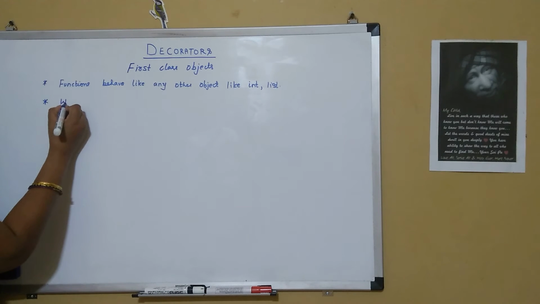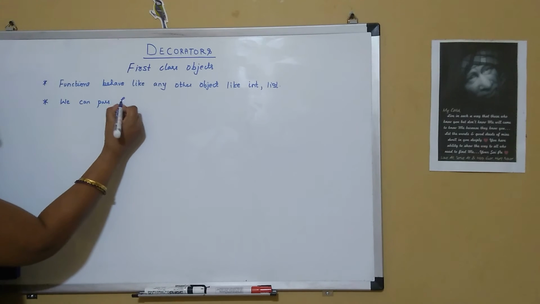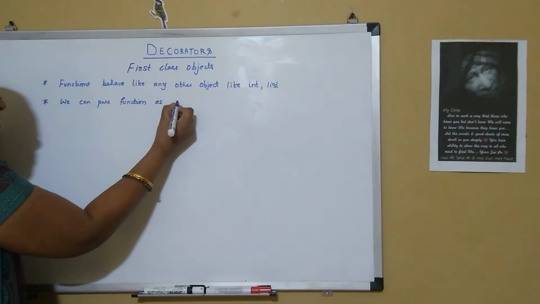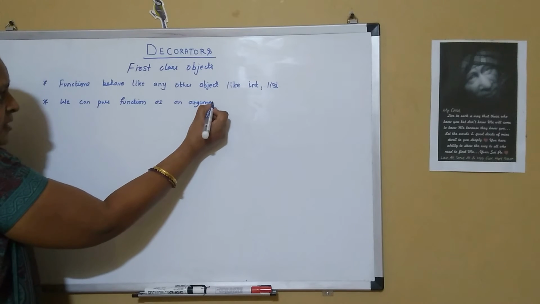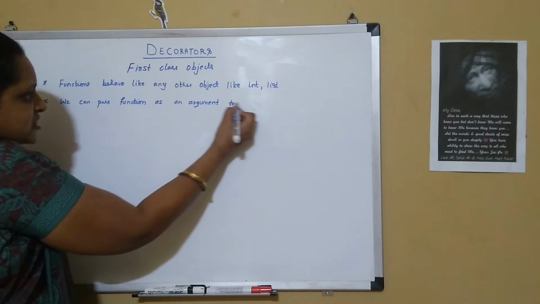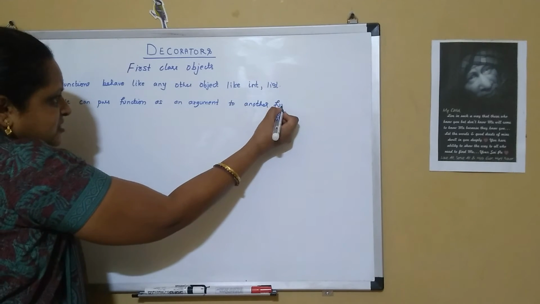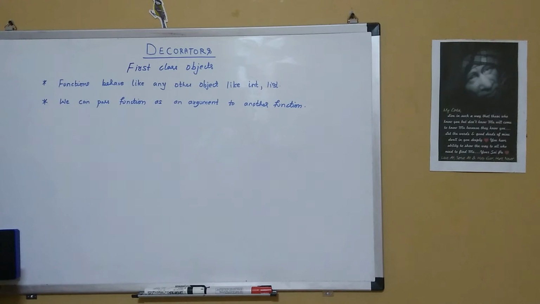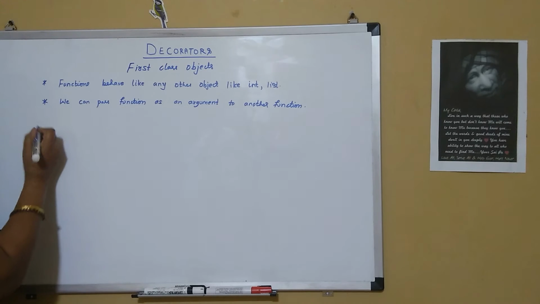Secondly, we can pass a function as an argument to another function. Just as we pass an integer or a string, we can even pass a function as an argument to another function.